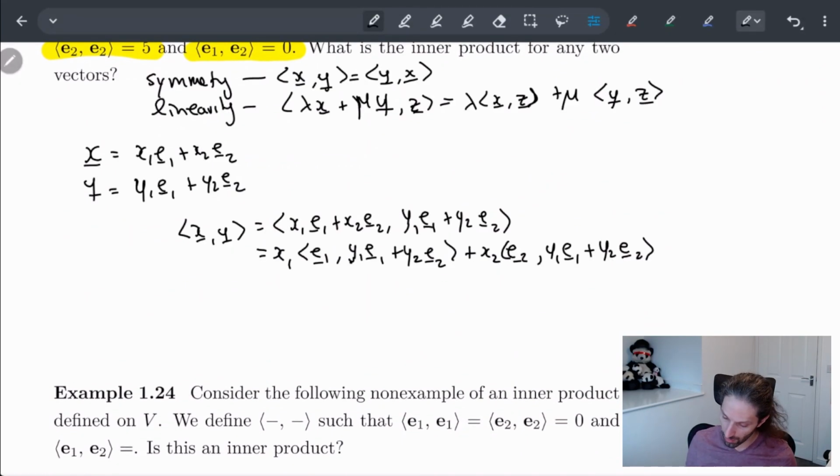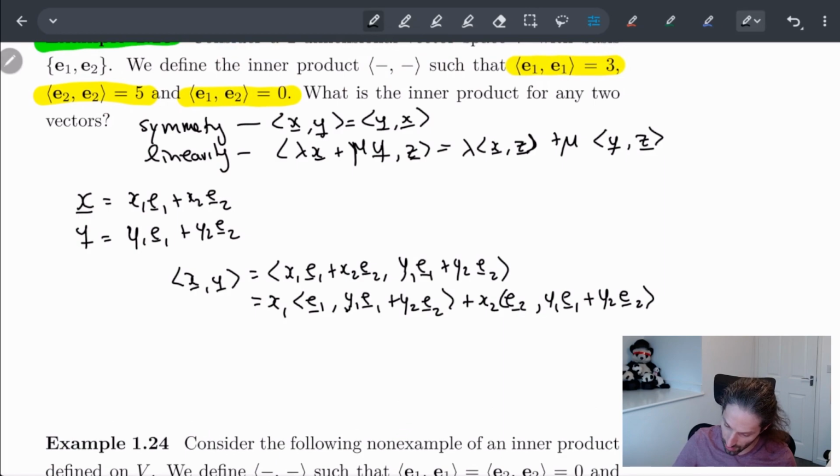Now, because of the symmetry condition, I can reverse this and get a very similar thing. I can put this part in the back and still get a very similar thing. So what this is basically saying is I can play the very similar game with these two components.